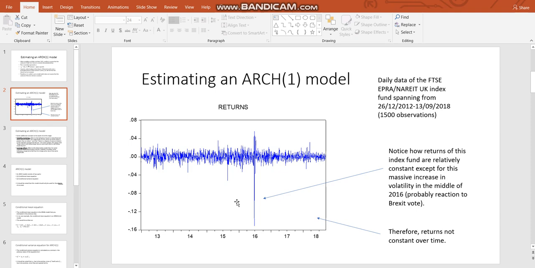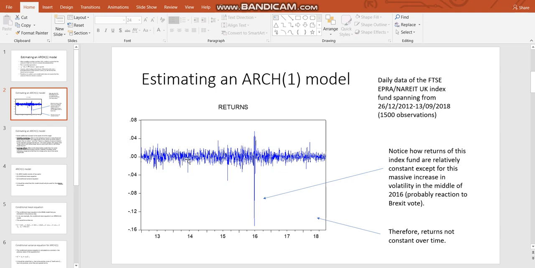And so because we've seen that the variance of the returns is not constant over time, it means we're going to have to use a model which allows for this to happen. Now bear in mind as well, I just want to draw your attention to something else, which is that you'll notice that the variance will be sort of stable.